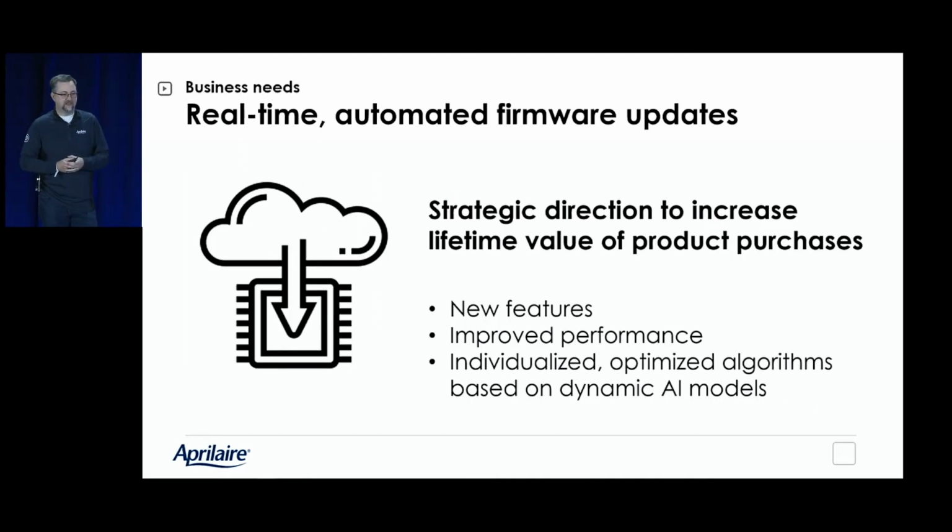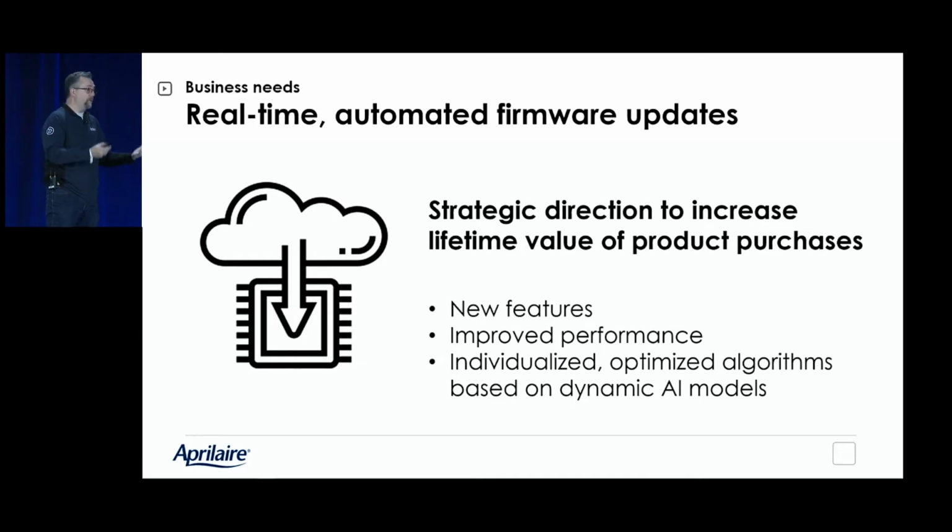The importance of having real-time automated firmware updates is really coming from a thought that we provide a durable good. You buy it once and you want this thing to be in your home for several years, right? We're not a disposable product. So we really want to focus on the lifetime strategic value over that entire product, right?